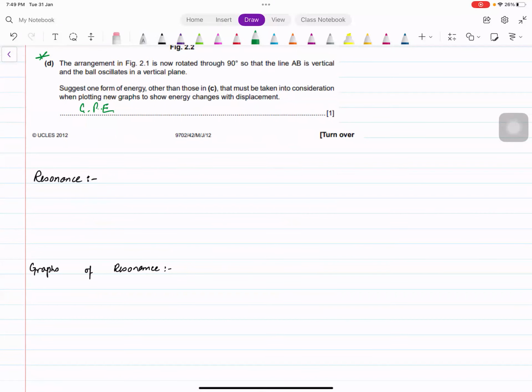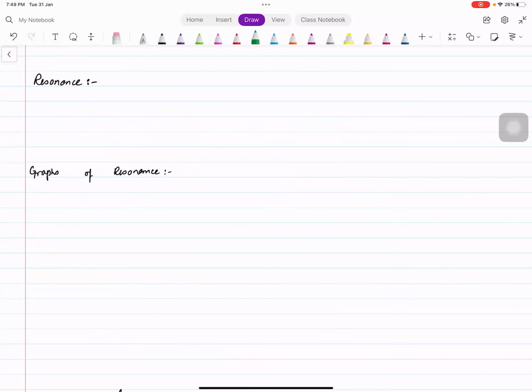So resonance is a very simple phenomenon. Resonance has 2 points, so basically it will be asked for 2 points.